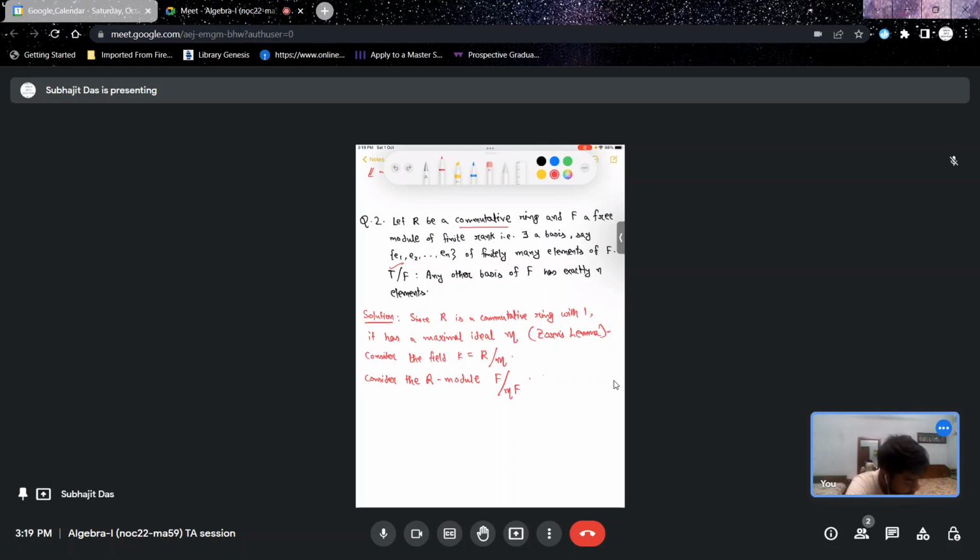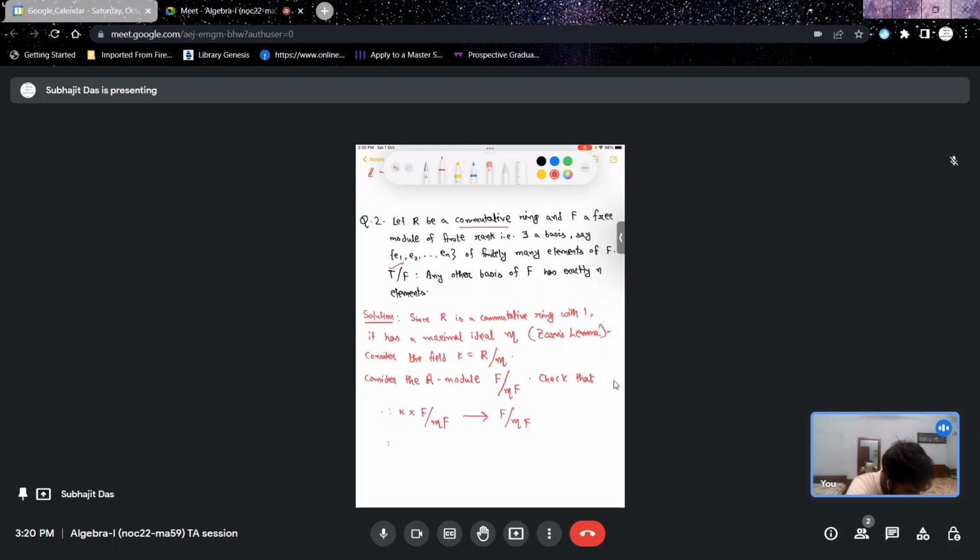So this is what I leave for you to check. Check that this scalar multiplication which maps K cross F mod MF into F mod MF, okay. What does it do?